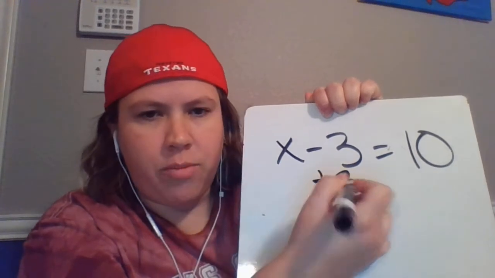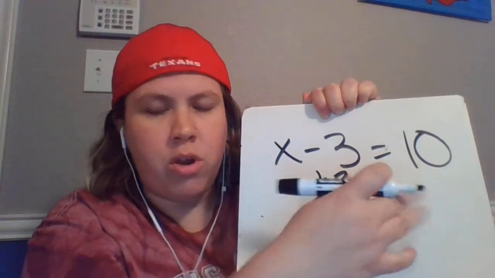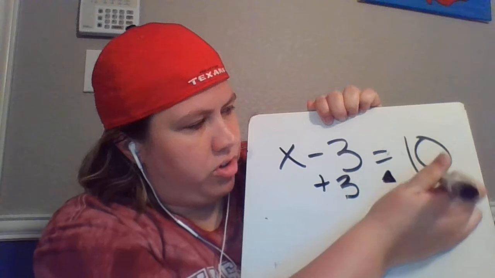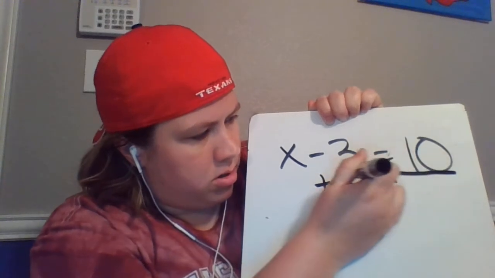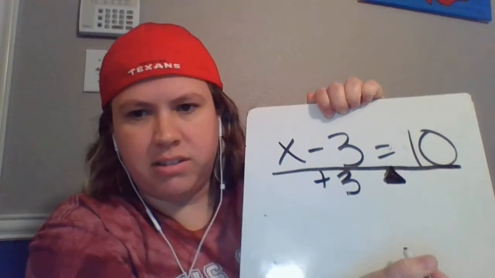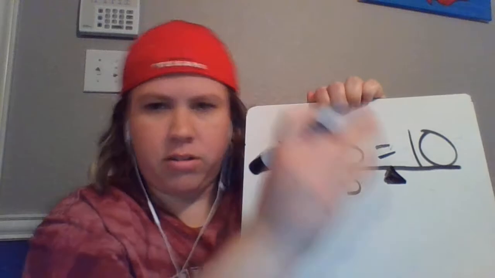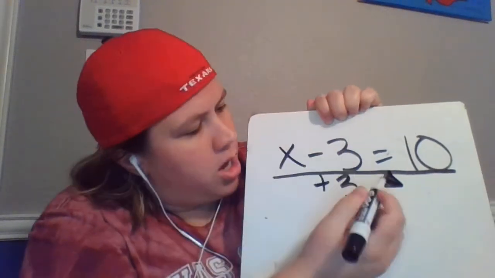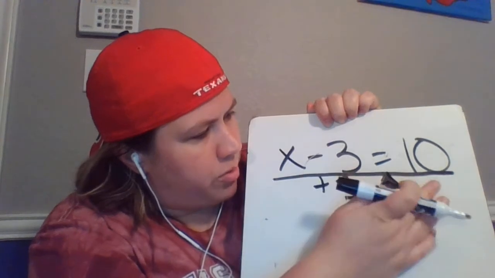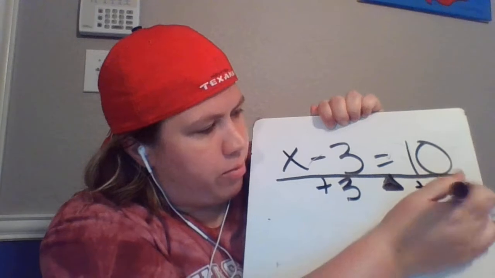Now the other big thing is that whatever you do to one side of the equation, you have to do to the other. This is kind of like a little seesaw, and this is where it balances. That's the balance beam. This side has to be balanced with the 10. So if I add 3 over here, I have to also add 3 over here.